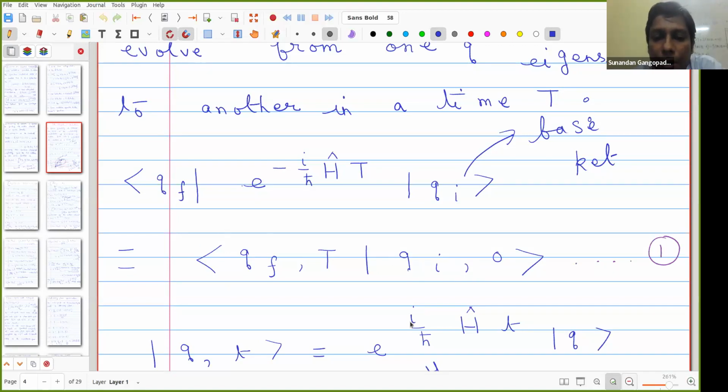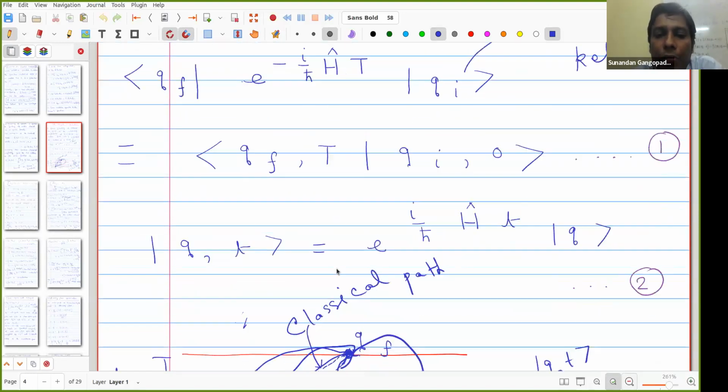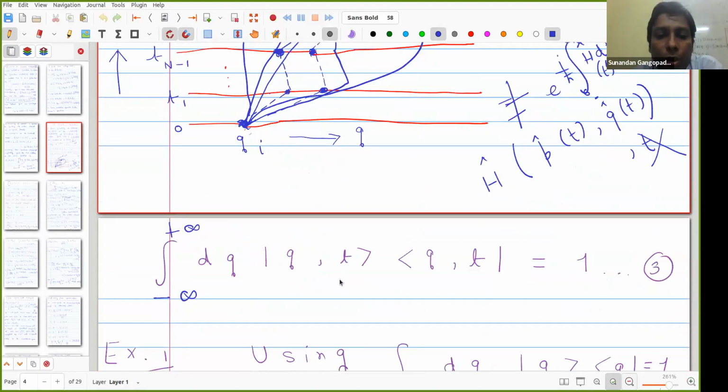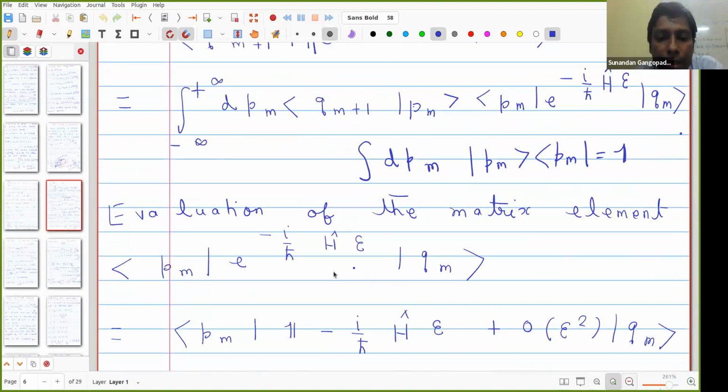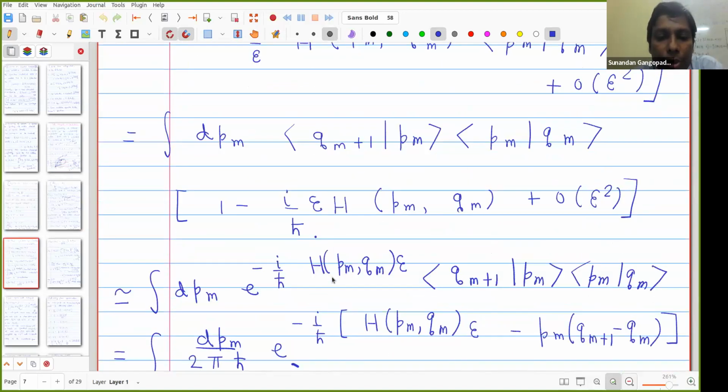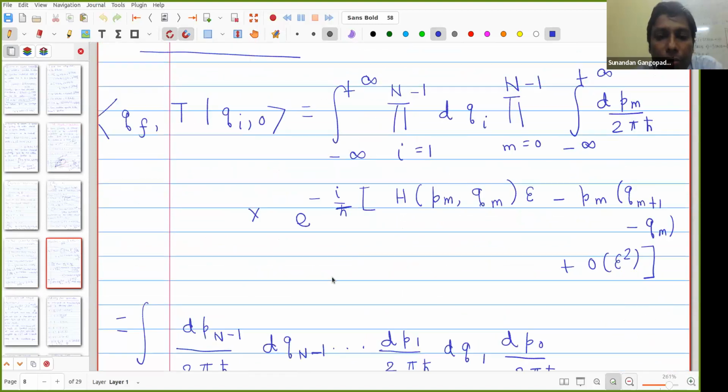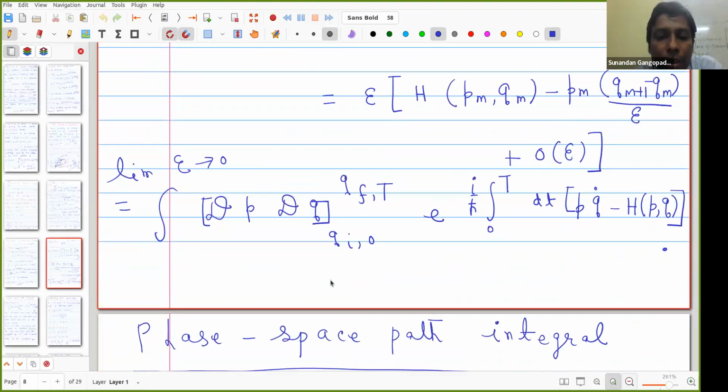So this is the thing that we have been after, and what we did in the previous lecture was to find out a path integral representation for this object, which is nothing but the overlap between qi, 0 and qf, t. And we showed that this object is given by the following path integral representation.